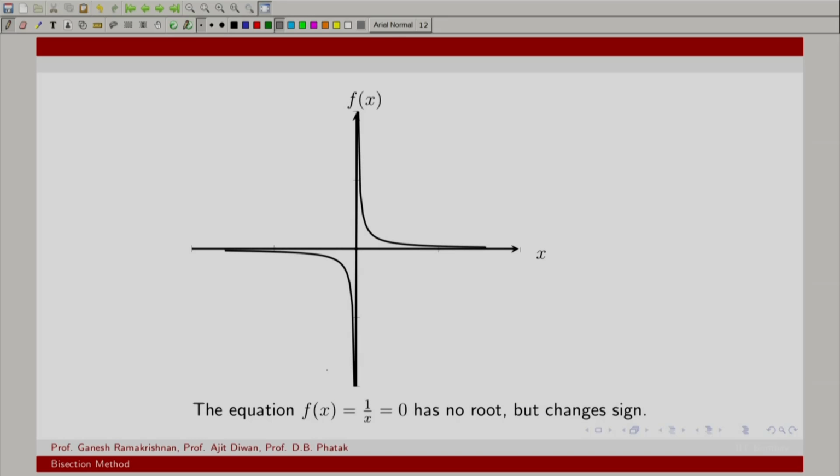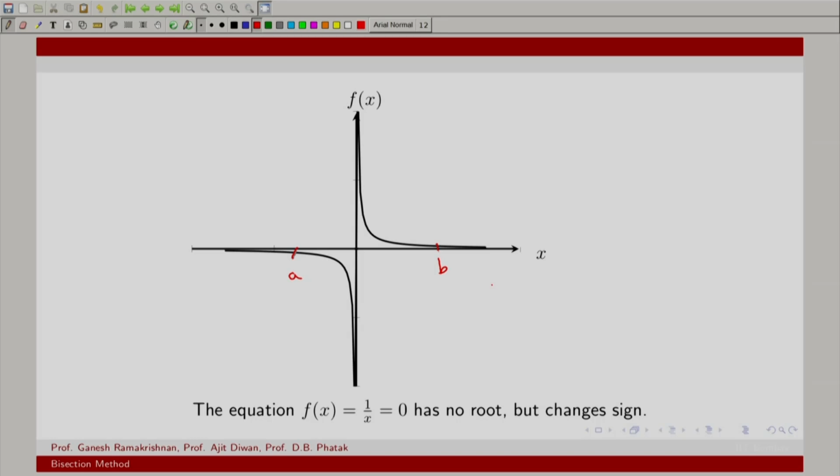The equation f(x) equal to 1 upon x has no root, but it is interesting that it just changed sign. So just because you change the sign as you go from, say, a potential point A here to potential point B here, you are going to search for a midpoint, shrink your interval, but you realize that unless you move away from the interval AB, you won't get to the root.